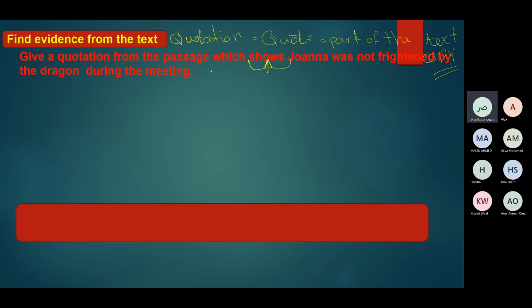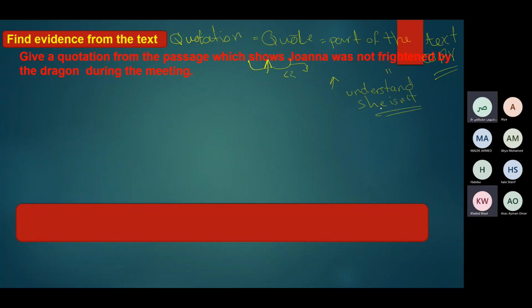So we need now to identify that Joanna was not frightened. All you will do is find any sentence from the text. This sentence must show that Joanna is not frightened. So the quotation you write, anybody who reads it will understand that she is not frightened.